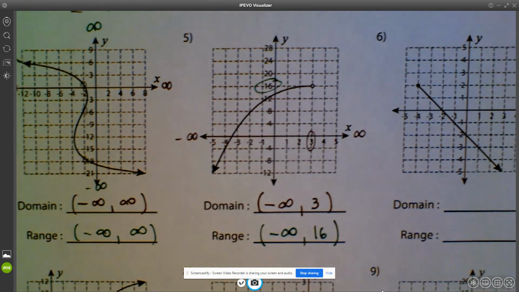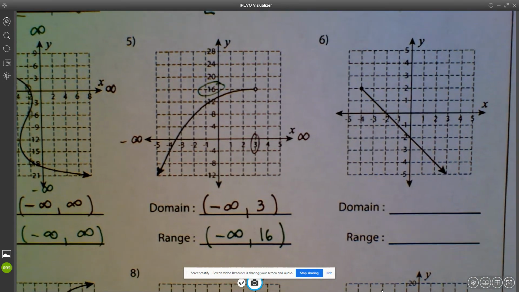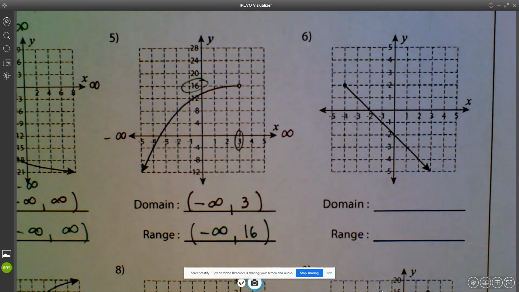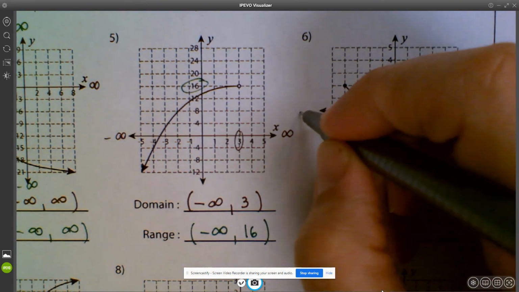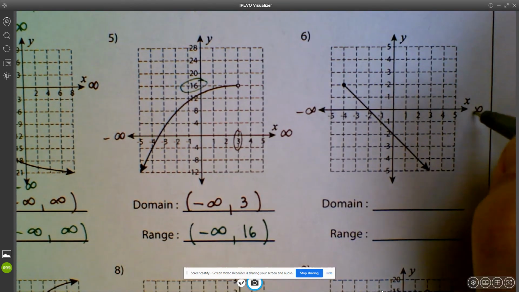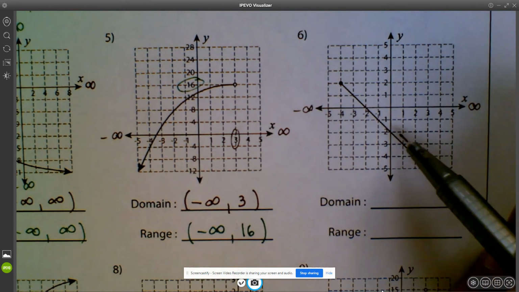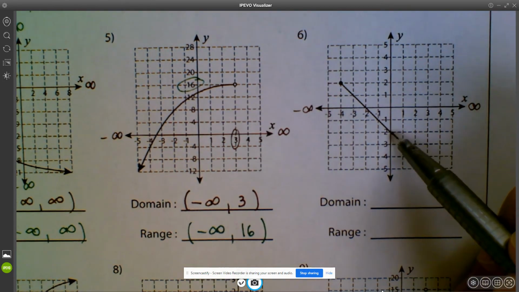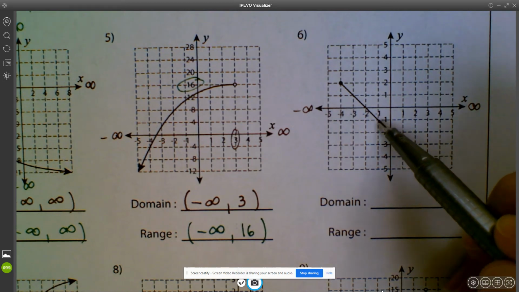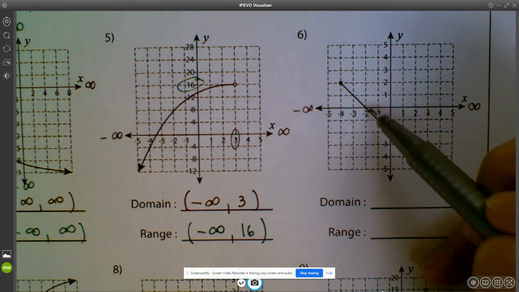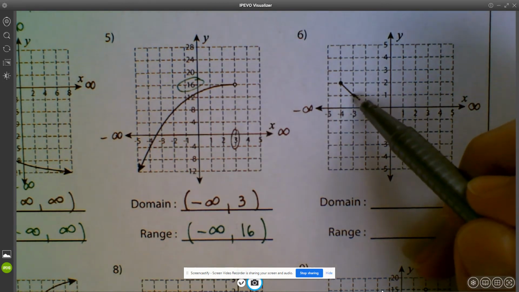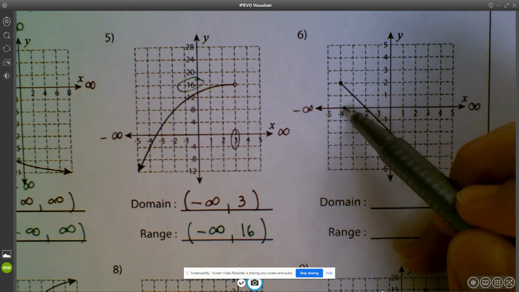Moving along swimmingly. Let's look at number 6. So, remind myself about what the infinities look like. All right, so my domain. How far to the left does this graph go? Well, here's x equals 0, x equals -1, x equals -2, x equals -3, x equals -4.